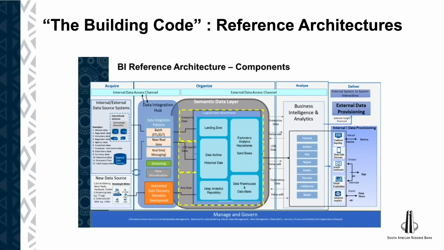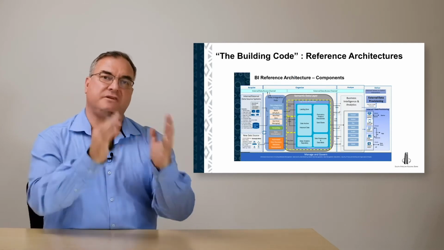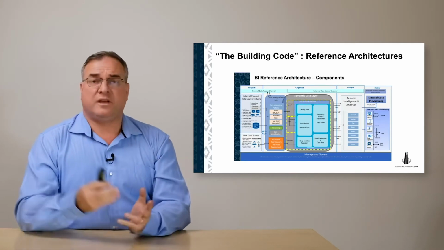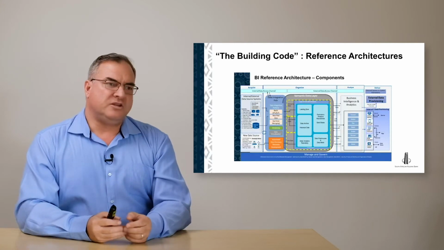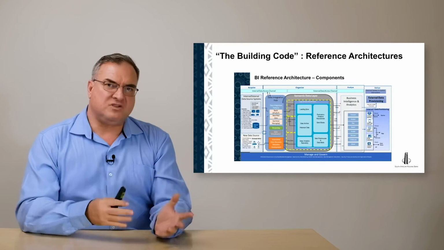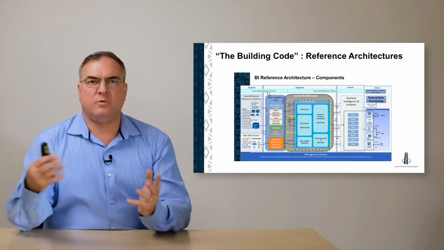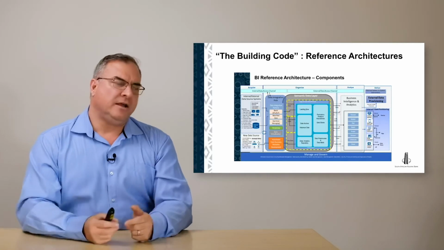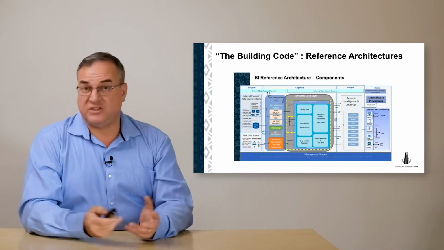The next component, the building code or reference architectures that we define, those set out the strategic future states without applying it to any particular business area or need. This defines a set of principles, patterns, best practices, approaches for how we believe things should be fit together in order to achieve that long-term strategic direction that we've defined for the city plan.